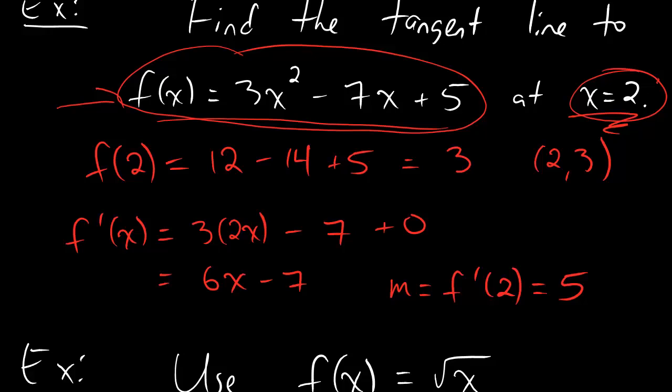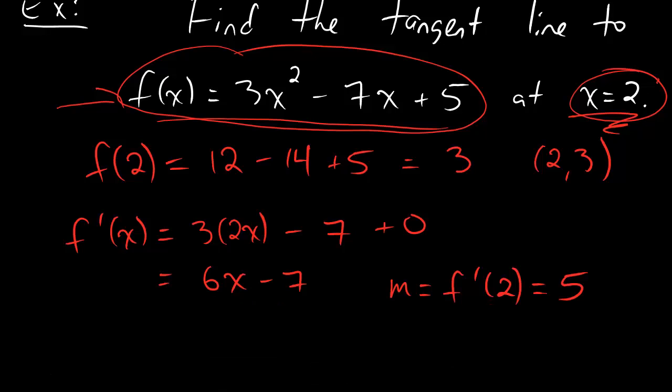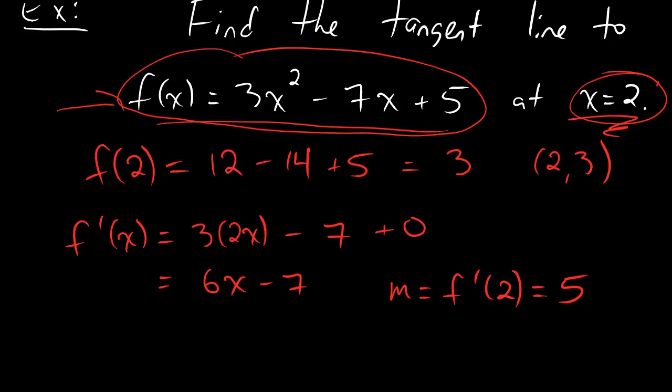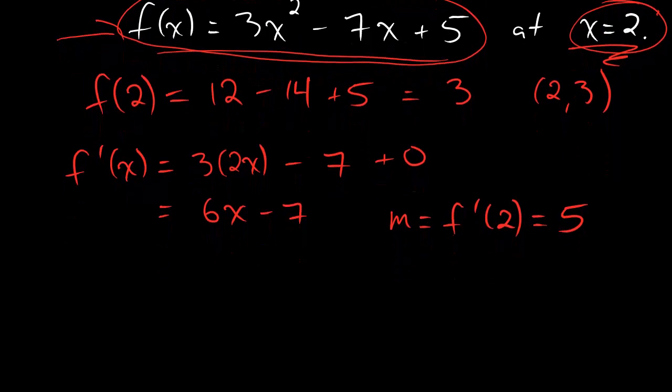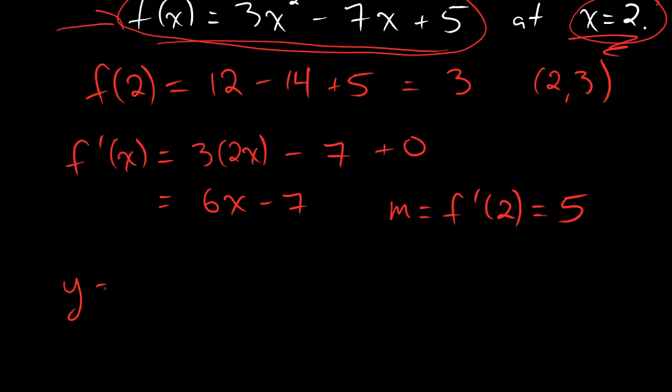And now let's give ourselves some more room and actually write down what the equation of the final line is. So dudes, for this final equation of the line, what we want is something that is going to be in line form. So y equals mx plus b, and we already know m. We found that using the derivative, so our equation is going to look like 5x plus b. We just don't know what the value of b is yet. But dudes, not so hard to find, because that's why God invented points.